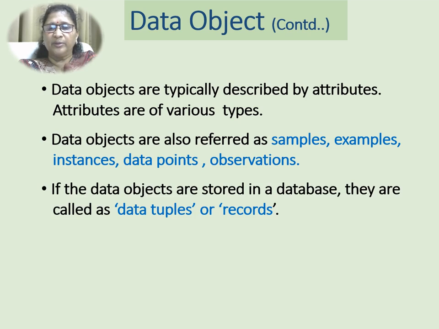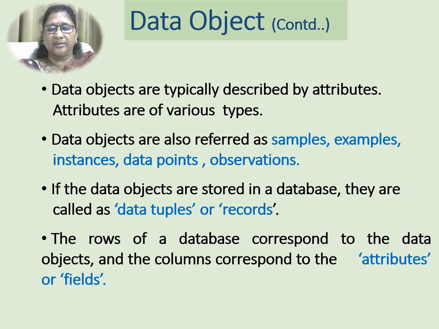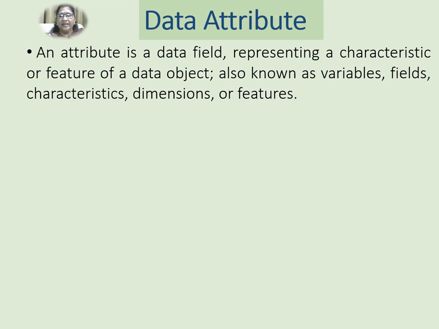If we refer to a database management system, then we refer to them as data tuples as well as records. The rows in a database, as in the earlier table, represent objects, and the columns are referred to in a database management system as fields.